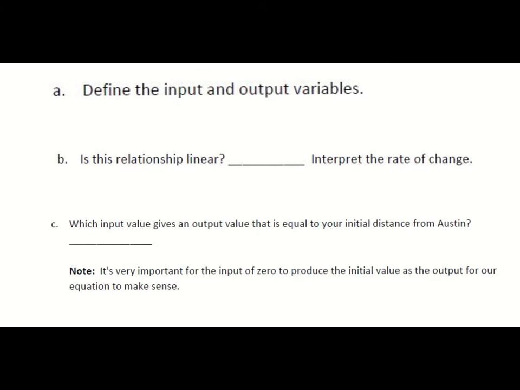Okay, so on the graph, they want to know the input and the output. So your input basically is your time in hours, because that is what you're starting with. As time goes by, it's your number of miles that changes. And your relationship is linear. It says interpret your rate of change.